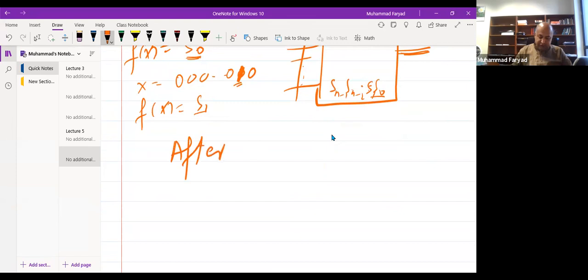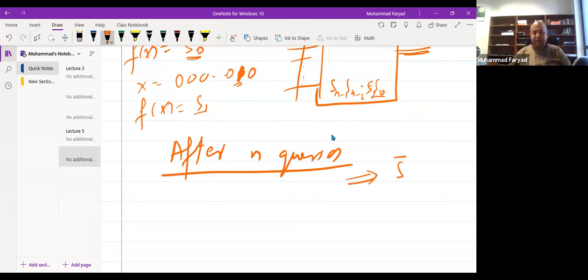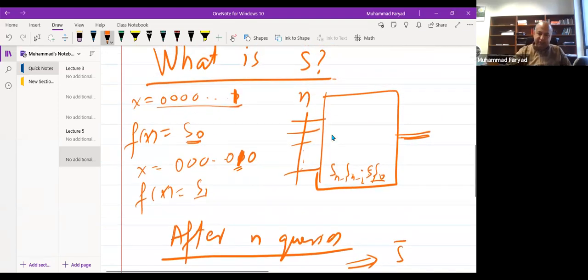After n queries of this black box, you will be able to find this secret bit string. So this is the classical solution. Is everybody okay with this solution? Are you able to understand? Ubaidullah, are you able to understand this problem and its classical solution?